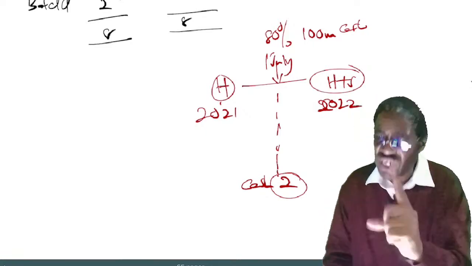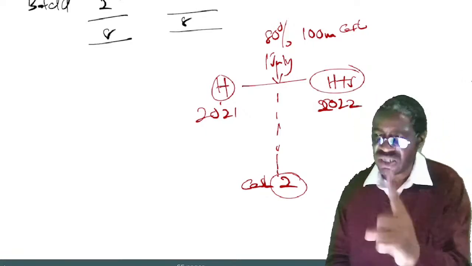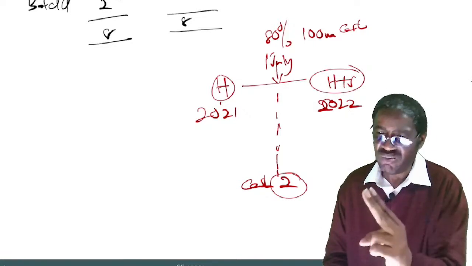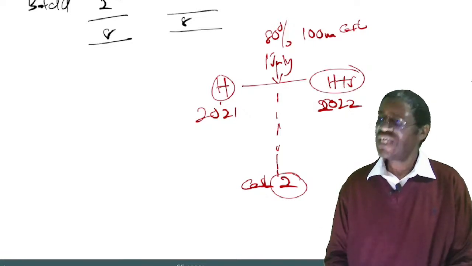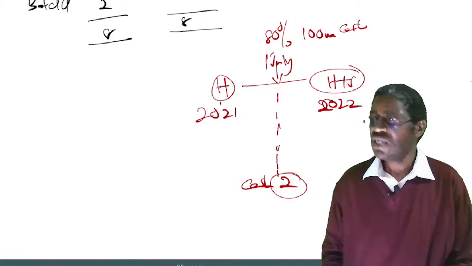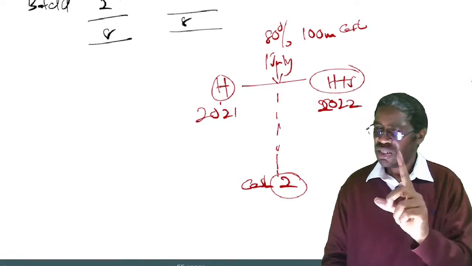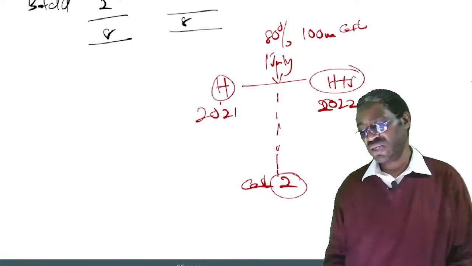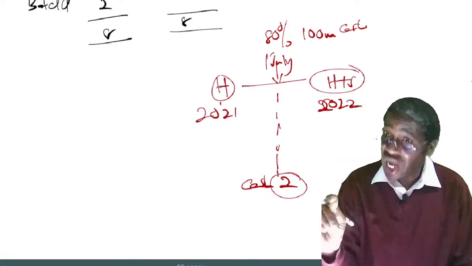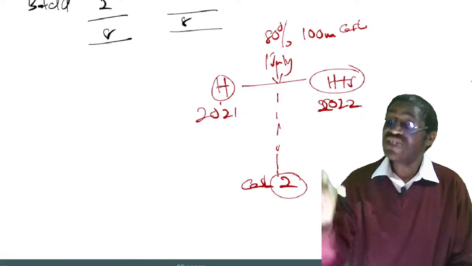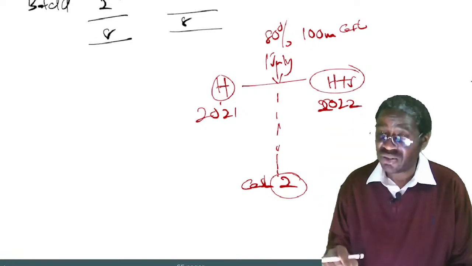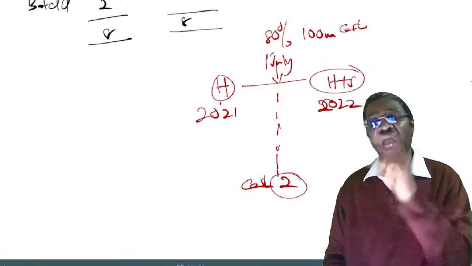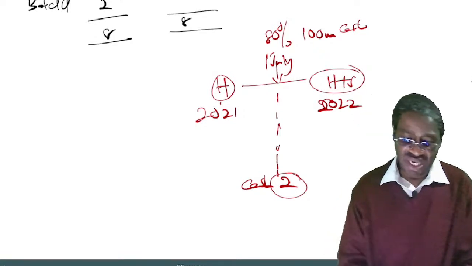So if today I pay you 100 million and today you are giving me 2 million, then effectively, I did not therefore pay you 100 million. If today I paid you 100 million and today you are giving me back 2 million, then effectively I paid you 98 million.